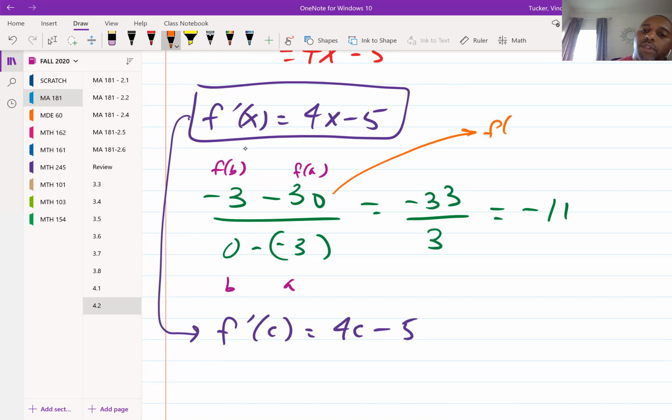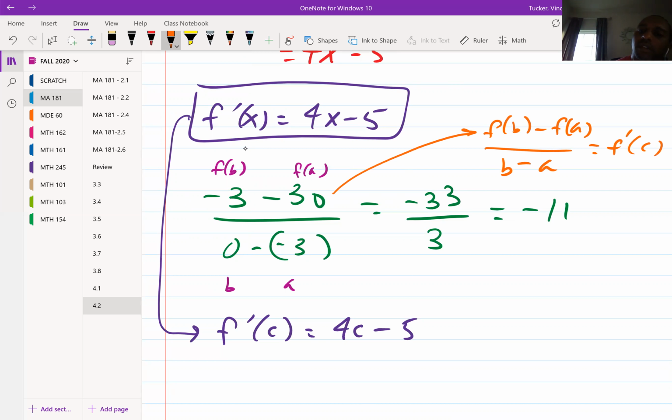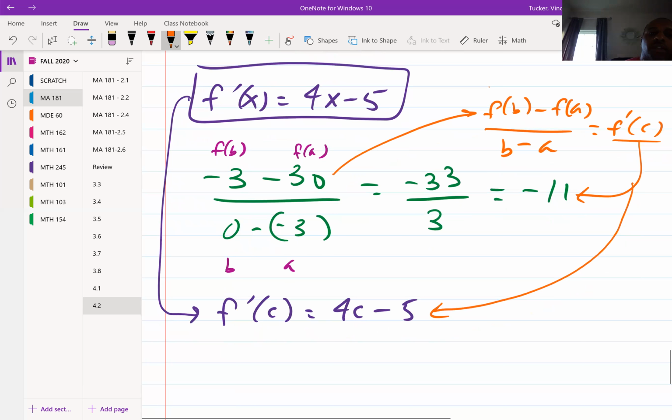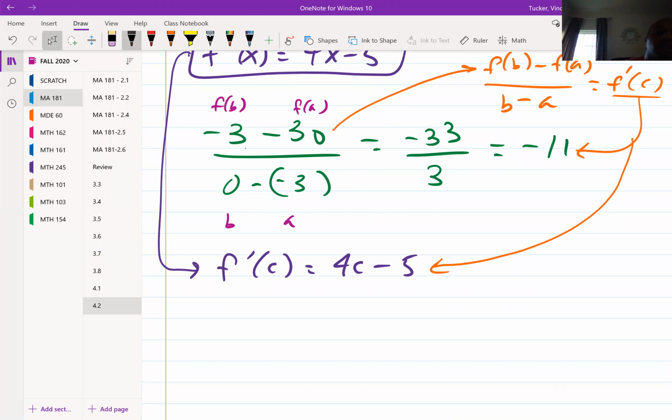It says f of B minus f of A over B minus A is equal to f prime of C. So that means f prime of C is equal to -11, which means it's also equal to 4C minus 5. So I can set both of those pieces equal to each other to figure out what C would be.